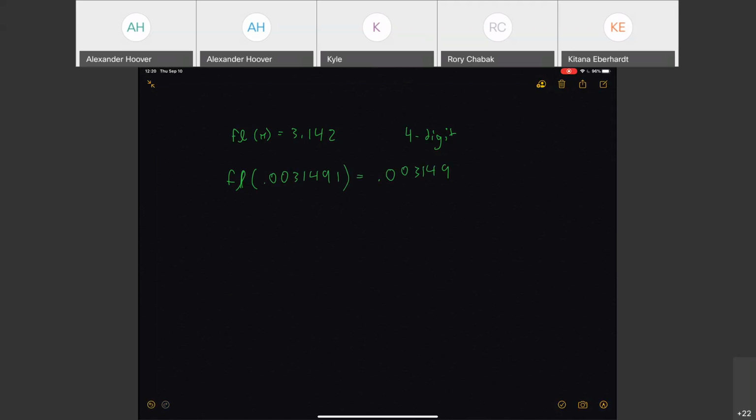All right, so if I were to subtract these two values from each other with 4-digit accuracy, I would have 3.142 minus 0.003149.